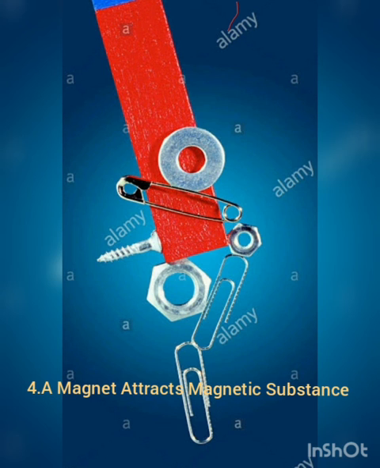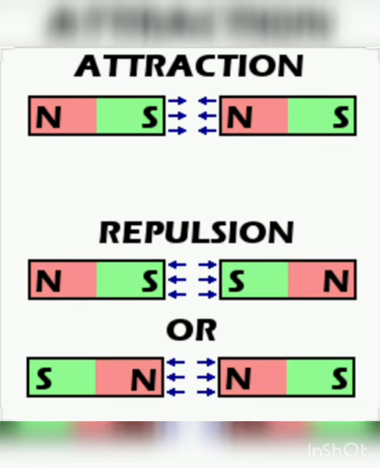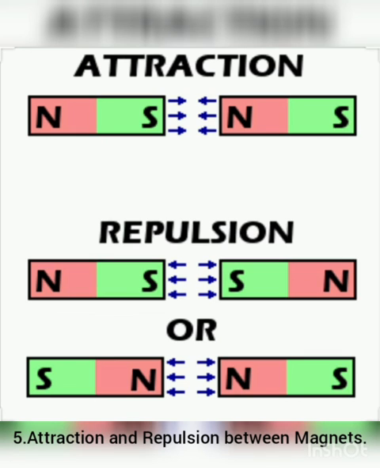And the fifth property is the attraction and repulsion between magnets. The like poles repel each other and the unlike poles attract each other. The south and south repel, north and north repel, but the south and north attract each other. This is known as the attraction and repulsion between magnets.